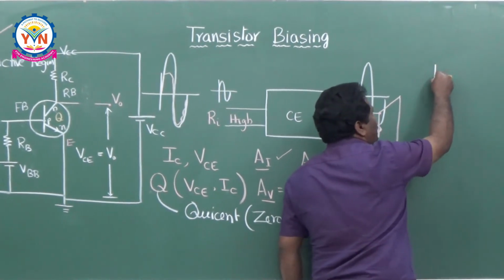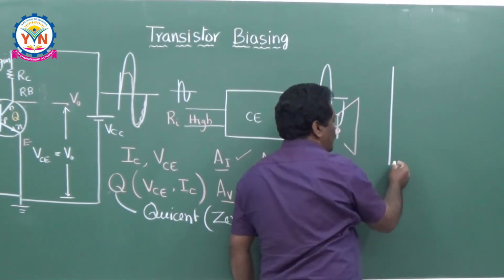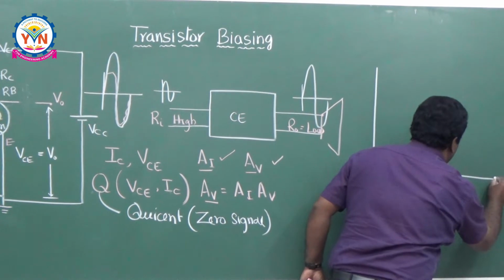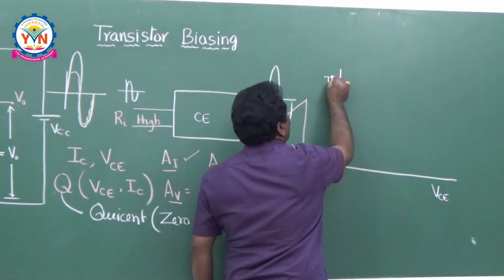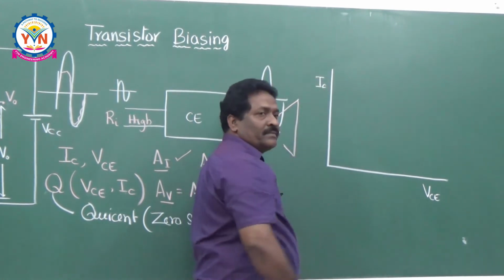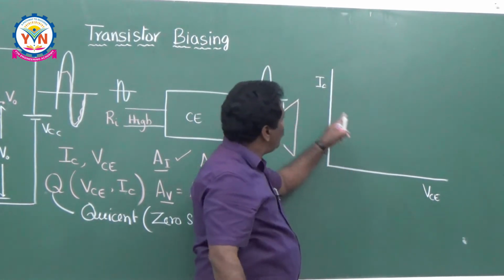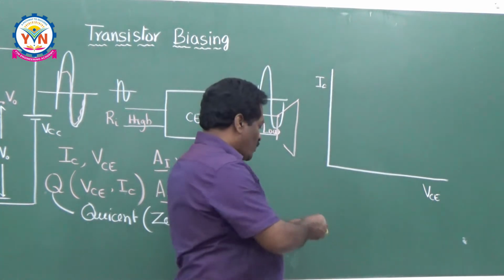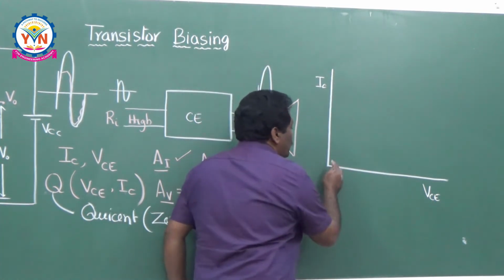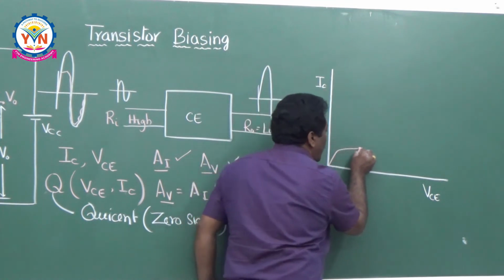Output characteristics, as I told you in the last classes, is a graph plotted between output voltage and output current. In the common emitter configuration, output voltage is VCE and output current is IC, keeping the input current constant. That input current is IB.